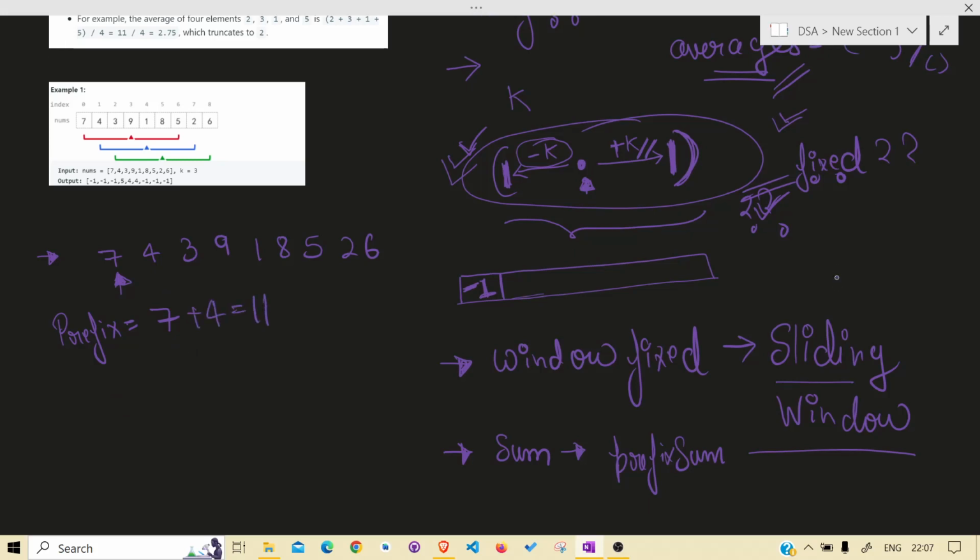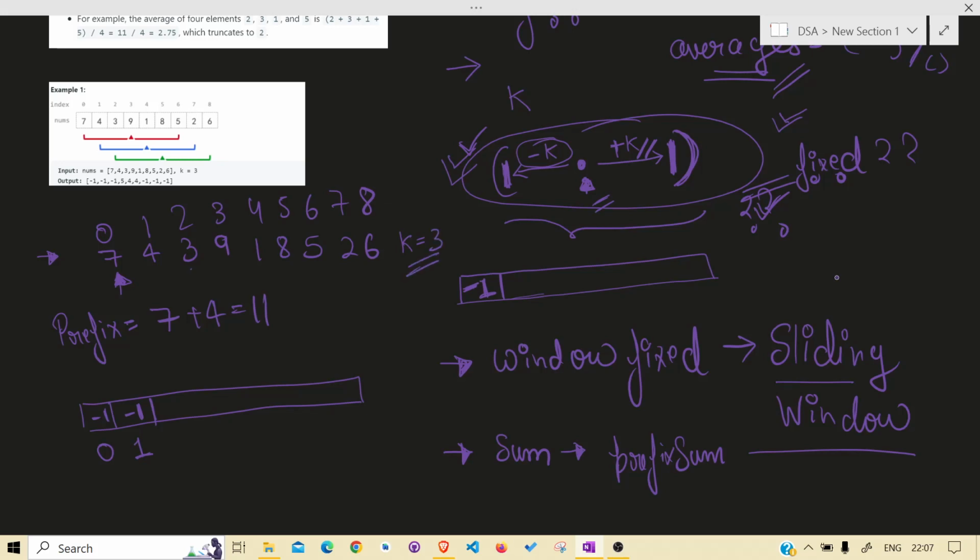The index is still -1. Indices are 0, 1, 2, 3, 4, 5, 6, 7, 8. At index 1, it's still -1 because we don't have the plus k minus k condition. And k in this question is given as 3.